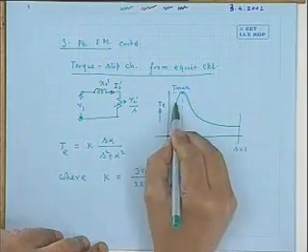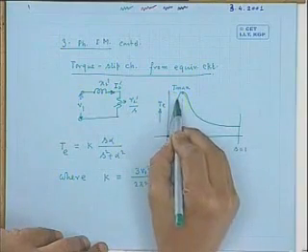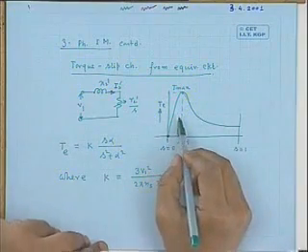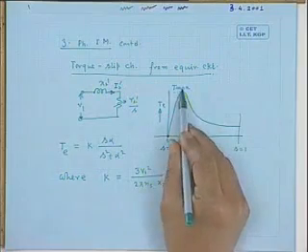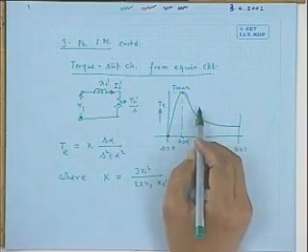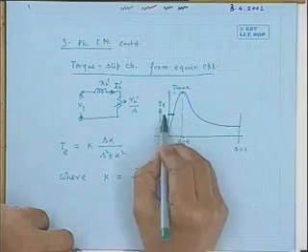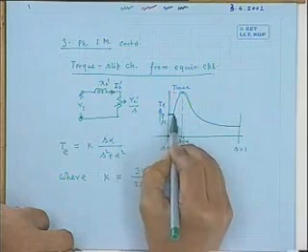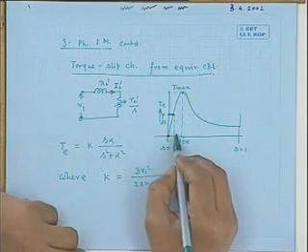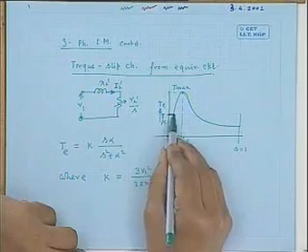However, the full load speed or slip is never chosen very close to S equal to alpha, because then it will be liable to cross this critical point and come to the unstable zone. Generally, the full load slip of the induction motor is around 5% or 4%, so a typical value could be 0.05. This is the full load slip.